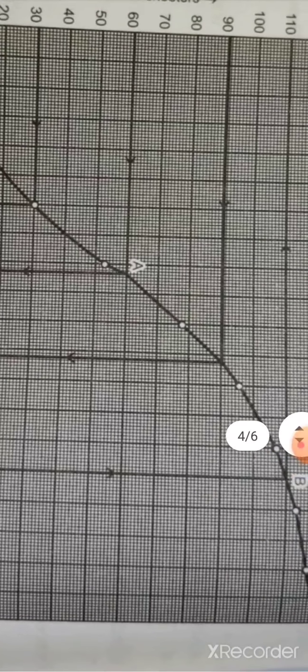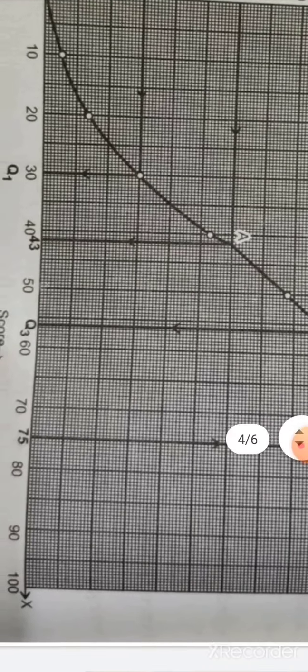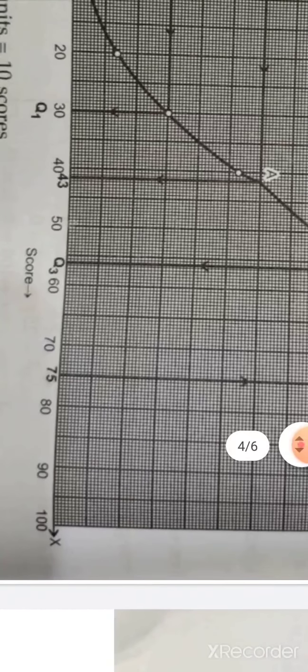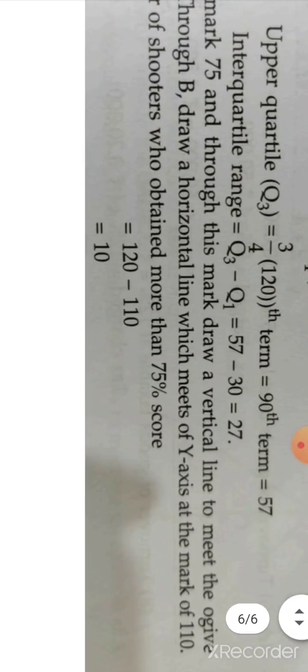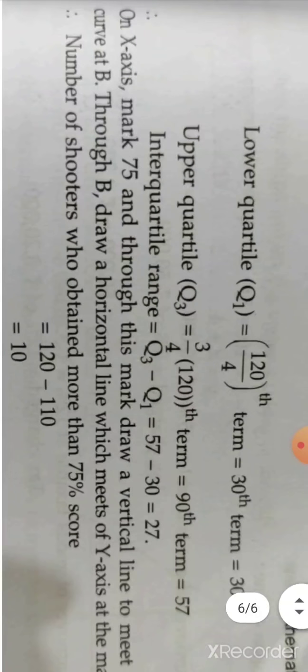You can see 90 on the y-axis, from which the horizontal line is drawn, which meets the ogive, and then from that point the vertical line is drawn. So Q3 is 57 here we found. Now we substitute in the interquartile range formula, Q3 minus Q1, which is 57 minus 30, 27. So likewise you can see here we get our interquartile range answer.